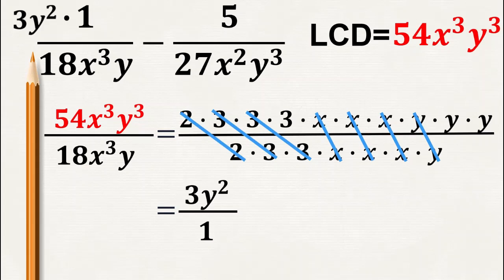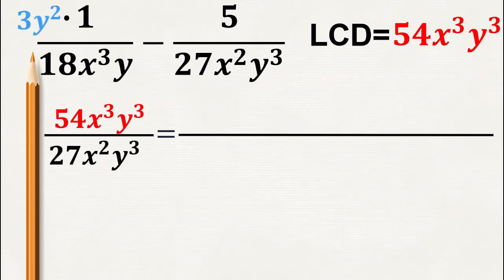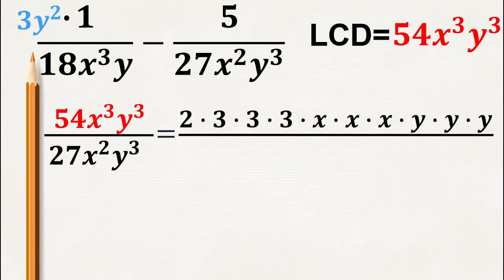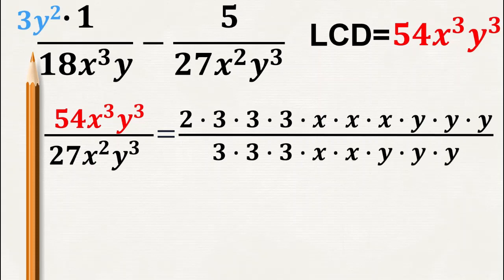Then multiply it to our first numerator, that is 3y squared times 1. After that, let us have the quotient of our LCD and the second denominator. So we have the prime factors again of our LCD and our second denominator. Cancel. And then multiply the remaining factors.